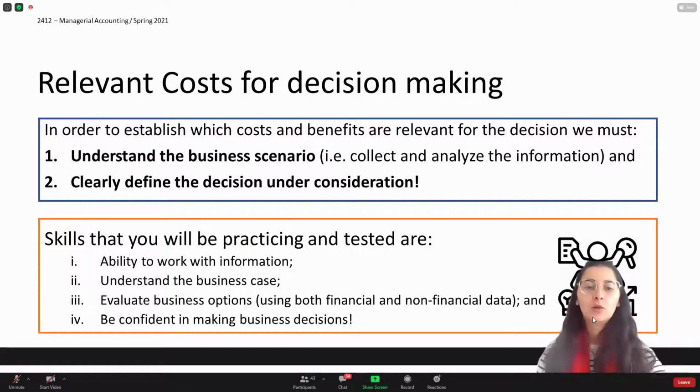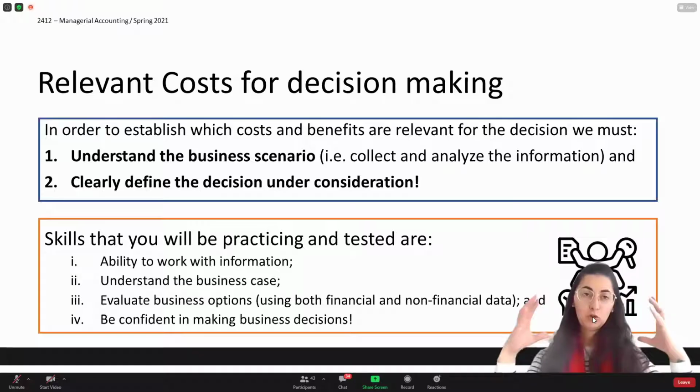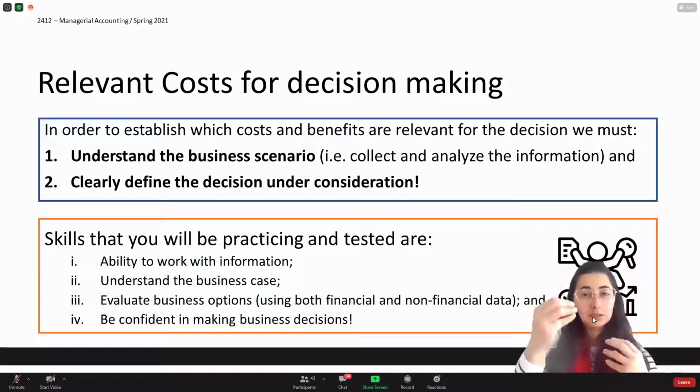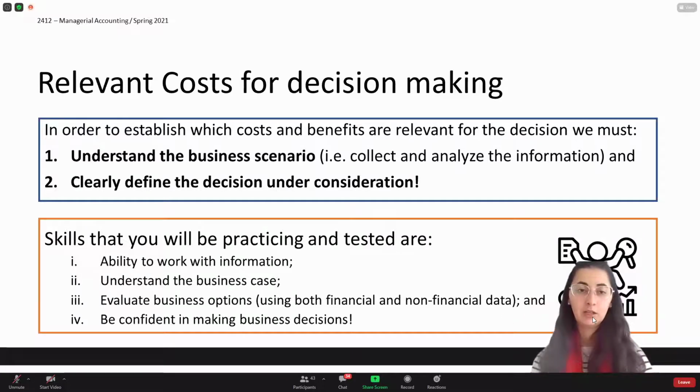So we will develop this ability to work with information, because we have so much information available, to understand what kind of information is relevant, to understand the business case, and to evaluate the business options with both financial and non-financial data. Also we will be more confident in making business decisions, which is very important, if you remember the video from Sima last week.